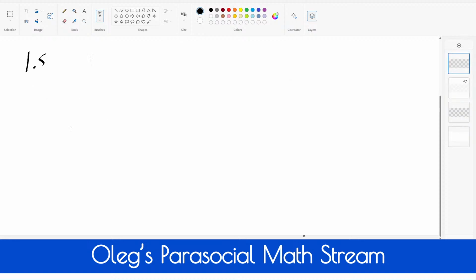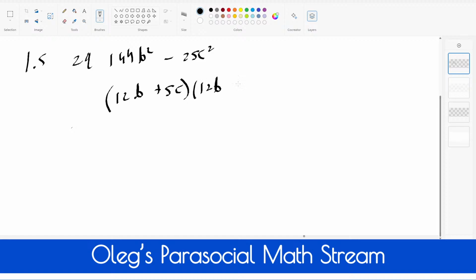All right, so 29. Okay, that's 12 squared. And this is 5 squared. So this is going to be 12b. Okay, there we go. So we're going to say 12b plus 5c, and we're going to say 12b minus 5c. You should be able to see that.